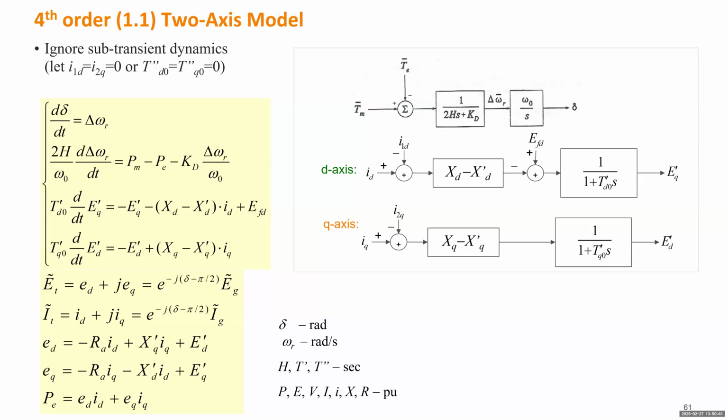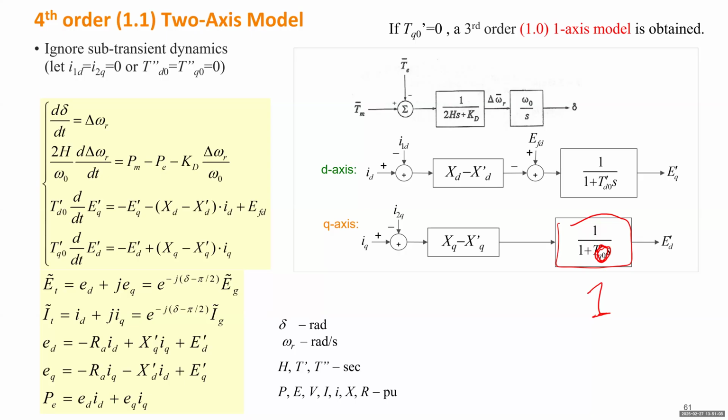So if you further get rid of the second differential equation on the flux linkage, you will have the 1.0 model. Which means here you just make this item be 0. So this entire box becomes just 1. Okay. So the second block diagram will basically become an algebraic equation.